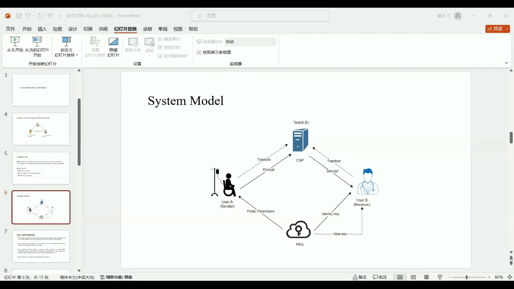The scheme is based on the difficulty of the LWE problem, which proves that the ciphertext is secure under the random oracle model and can resist post-quantum attacks. Finally, the scheme is applied in telemedicine systems.